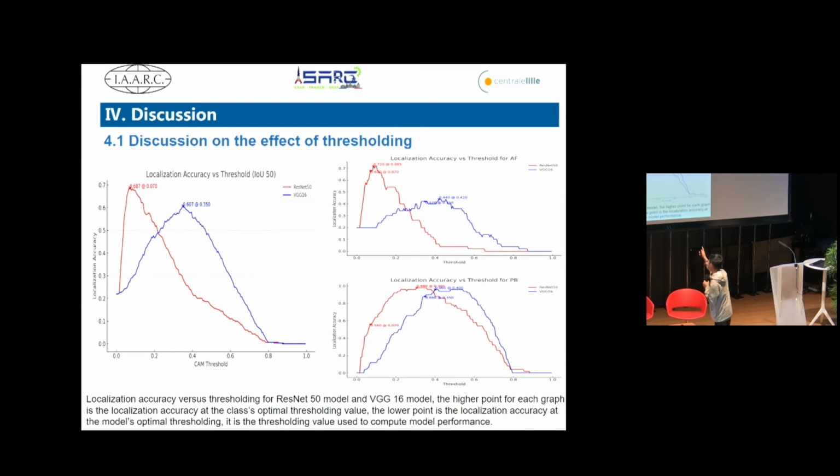But if we apply this threshold value for the PB class, its localization accuracy will drop to nearly half of its maximum localization precision. Thereby, we suggest using different threshold values for each defect class to optimize the localization precision.